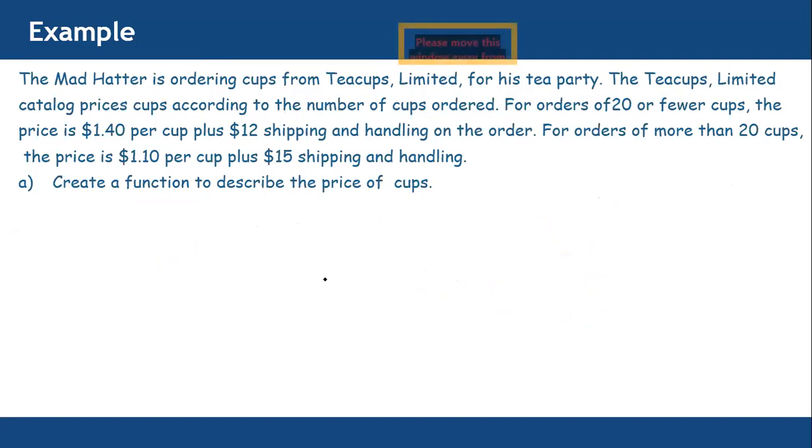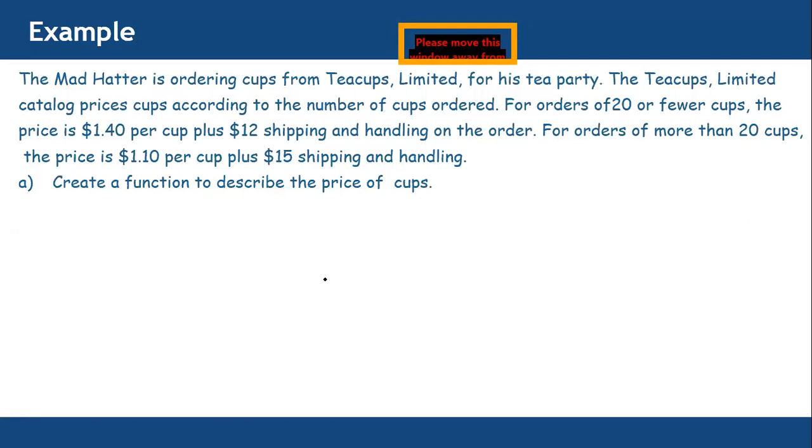The Mad Hatter is ordering cups from Teacups Limited for his tea party. The Teacups Limited catalog prices cups according to the number of cups ordered. For orders of 20 or fewer cups, from 1 to 20, 20 is also included, the price is 1.4 per cup plus $12 shipping and handling on the order.